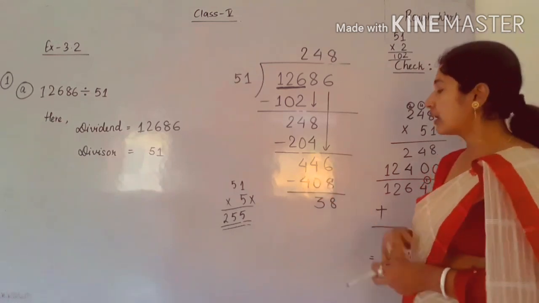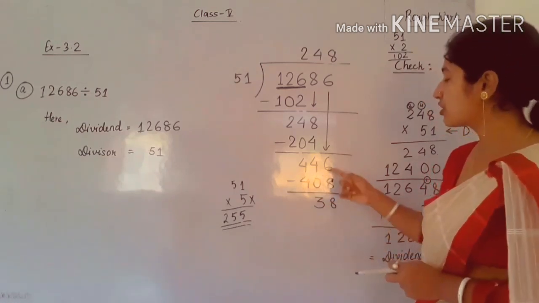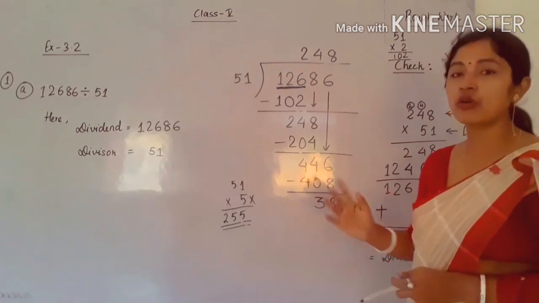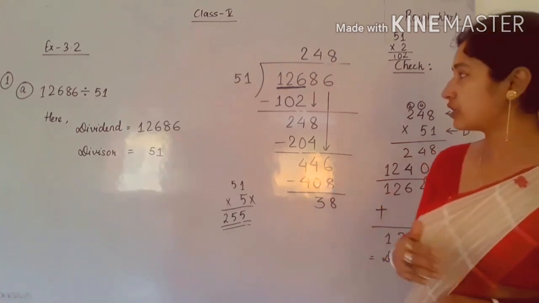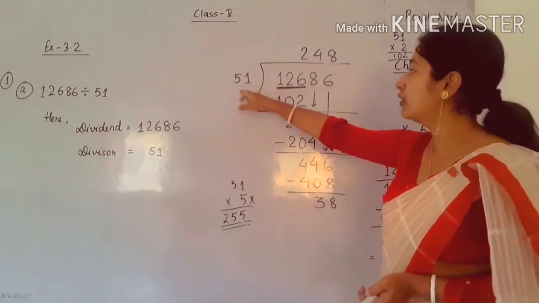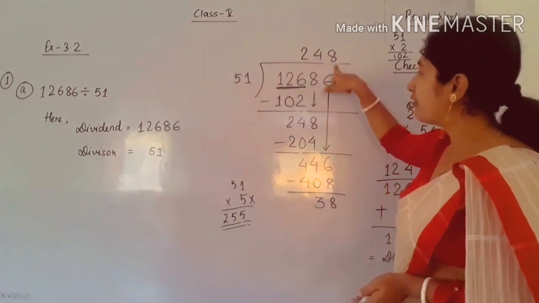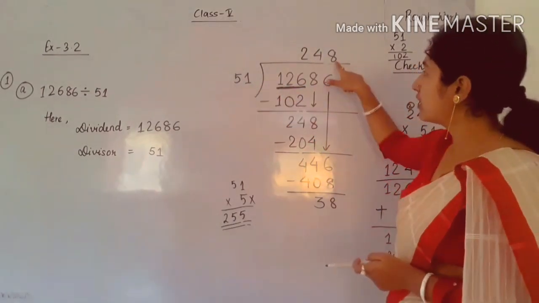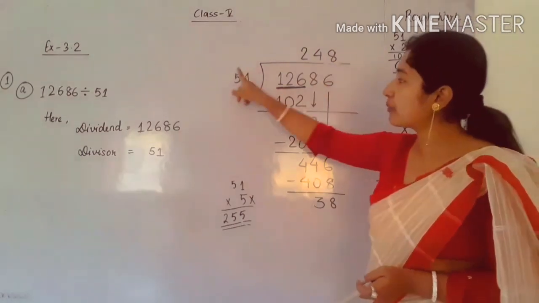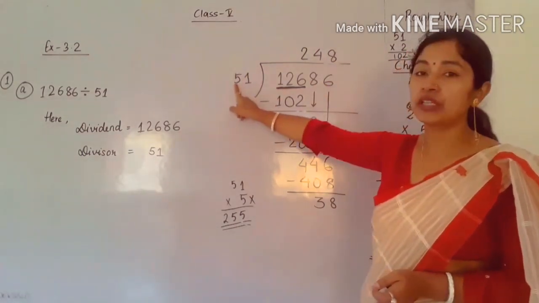Next we have to check which number is equal to 446 or less than 446 in the table of 51. Here I have taken 8. You can check like that: 8, and you multiply with the tens place of this number, that is 5.